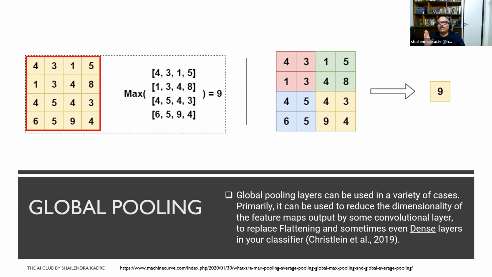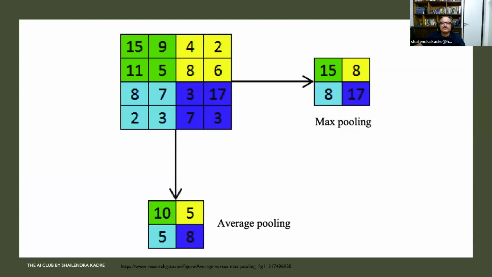But so far, in whatever CNN models I have done, nowhere they have used global pooling. Generally we use max pooling, in maximum of the cases, and average pooling also.